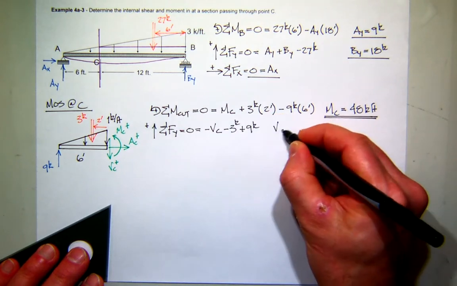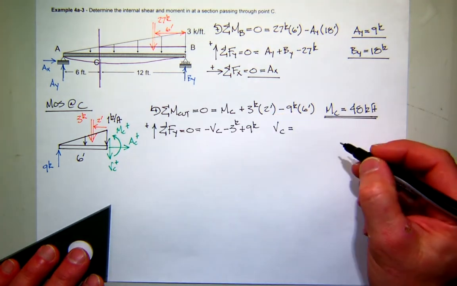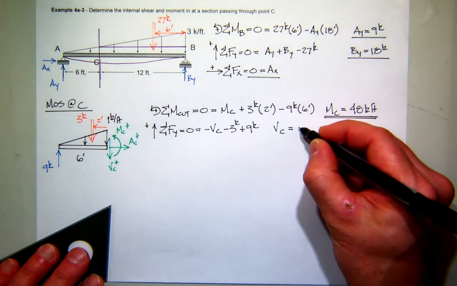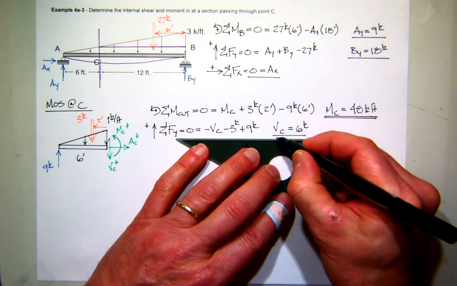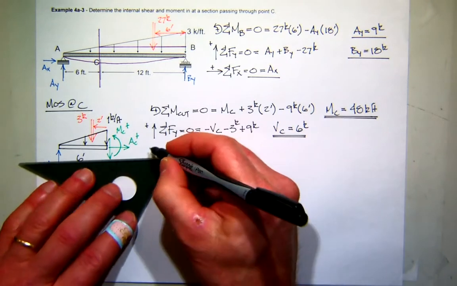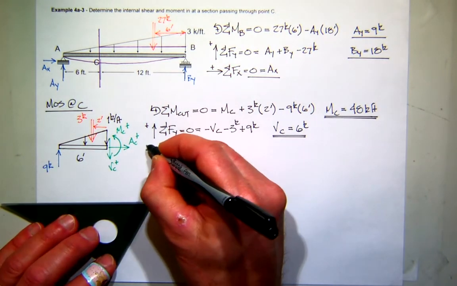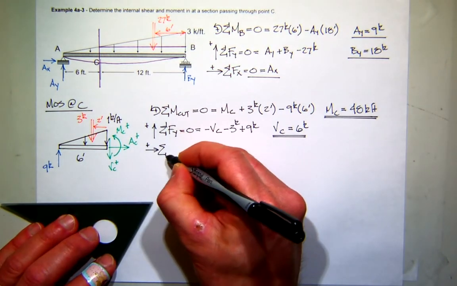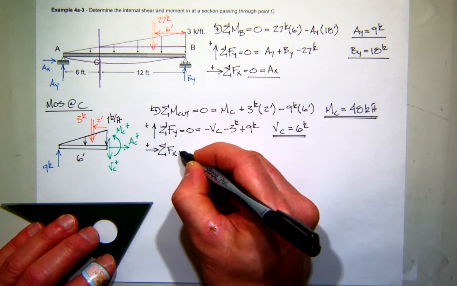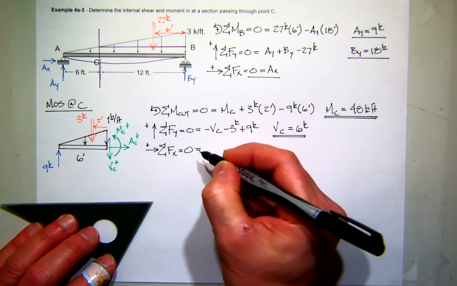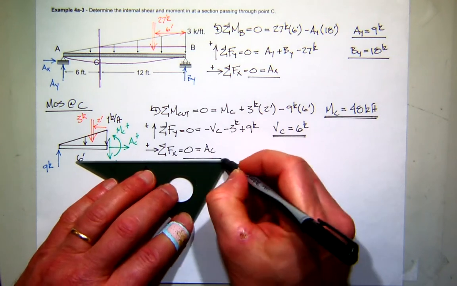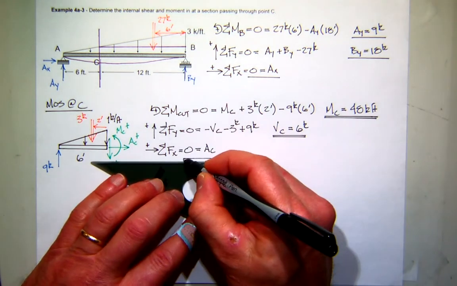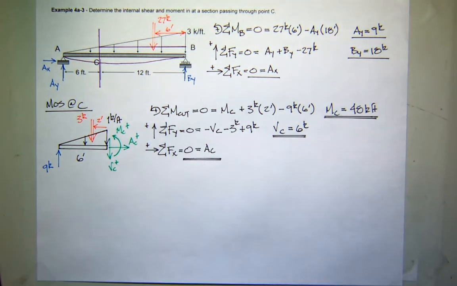So it looks like the shear at C is 6. And then last, again, this is a kind of almost trivial result. When we sum forces in the x direction, all we have is the axial force at C, and it's 0. Any questions about that one?